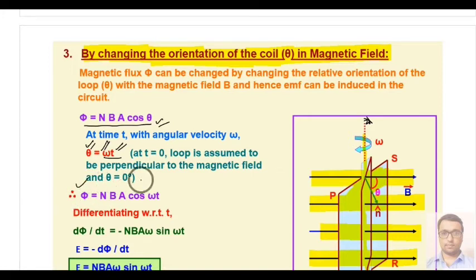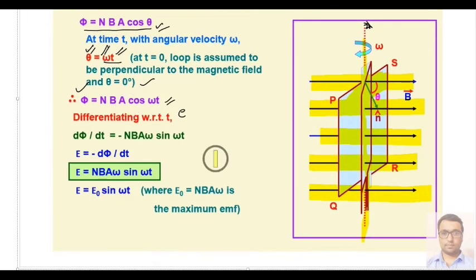To get EMF we have to differentiate this equation, and we get d phi by dt equals minus NBA omega sin omega t, because the differentiation of cos omega t gives sin omega t, and the differentiation of omega t is omega only.